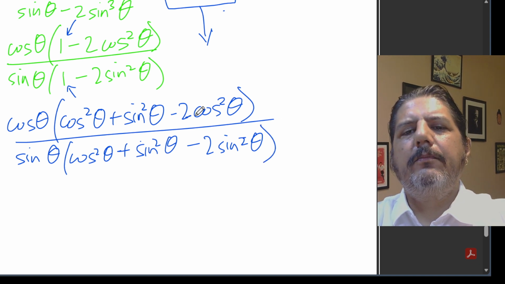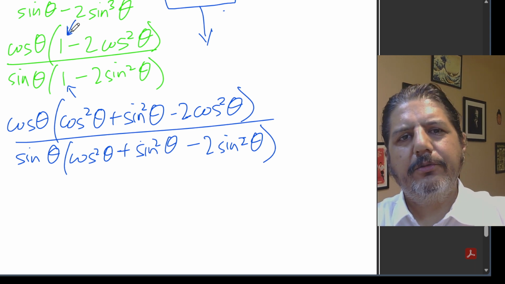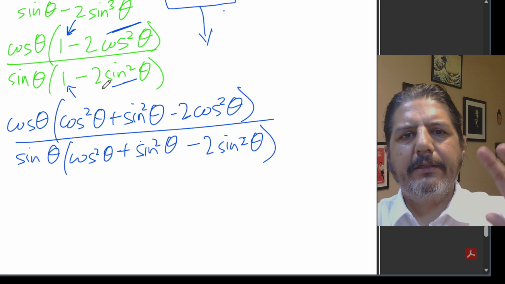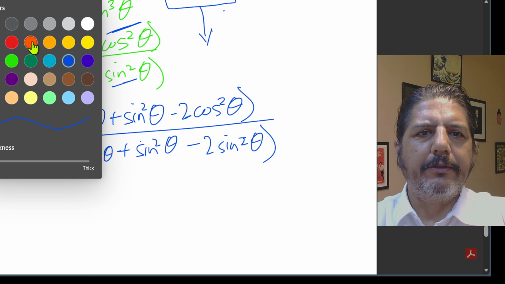So now you might ask, why did I do this? I did this because I can see some cos square and sin square here. So that is why I manipulated this 1 as cos square theta plus sin square theta.